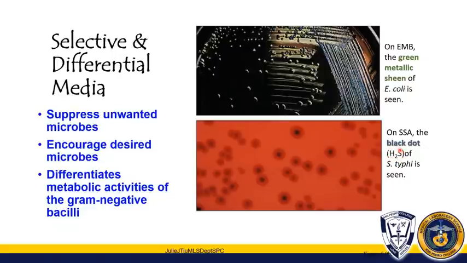In this case, H2S-positive gram-negative bacteria, an example of which is your Salmonella typhi. And those that do not produce H2S will not show the black colonies. So since it selects only gram-negative bacteria and prevents the gram-positive, your SSA medium is also both a selective and a differential medium.